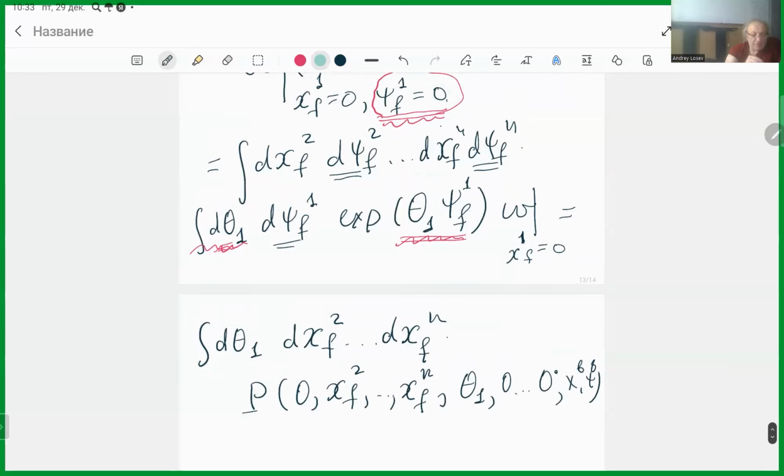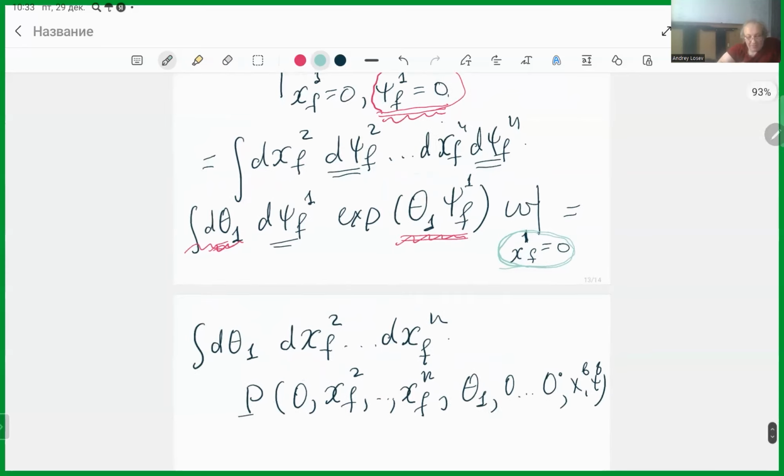Here I have restriction sign for x. I already removed the red restriction, but I still have the green restriction. And in the last integral, I put this green restriction here.